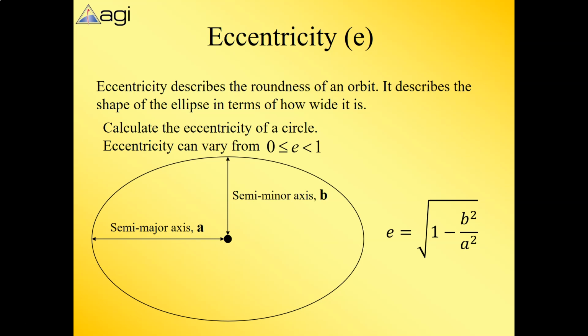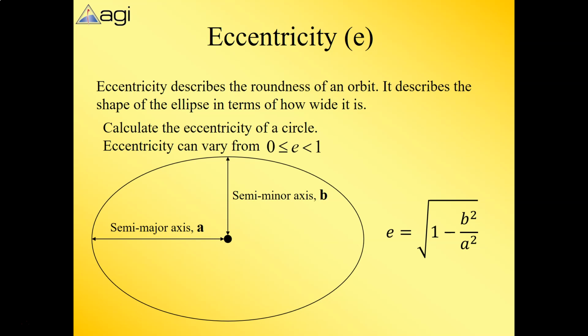A circle has only one major and minor axis, called the diameter. Therefore, in a circle, a is equal to b. Therefore, b squared over a squared would be equal to 1. So in this formula, we would solve for the square root of 1 minus 1, or the square root of 0, which is 0.